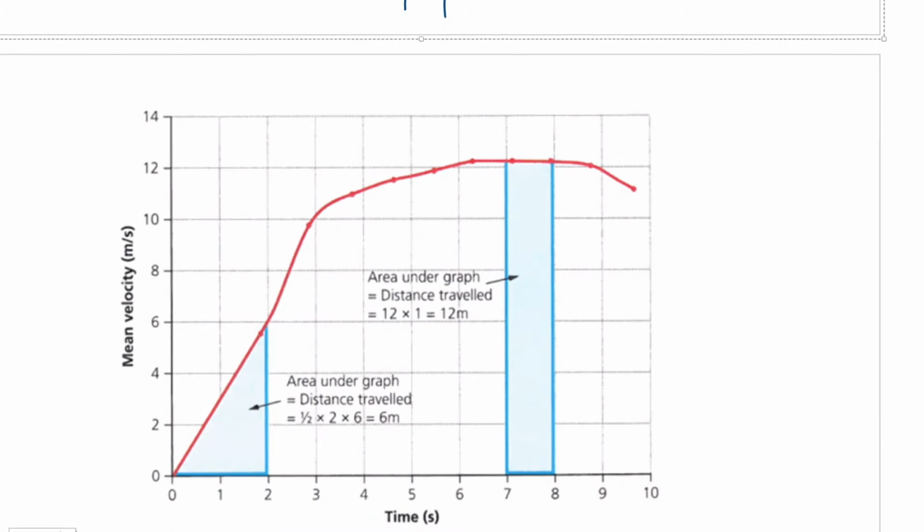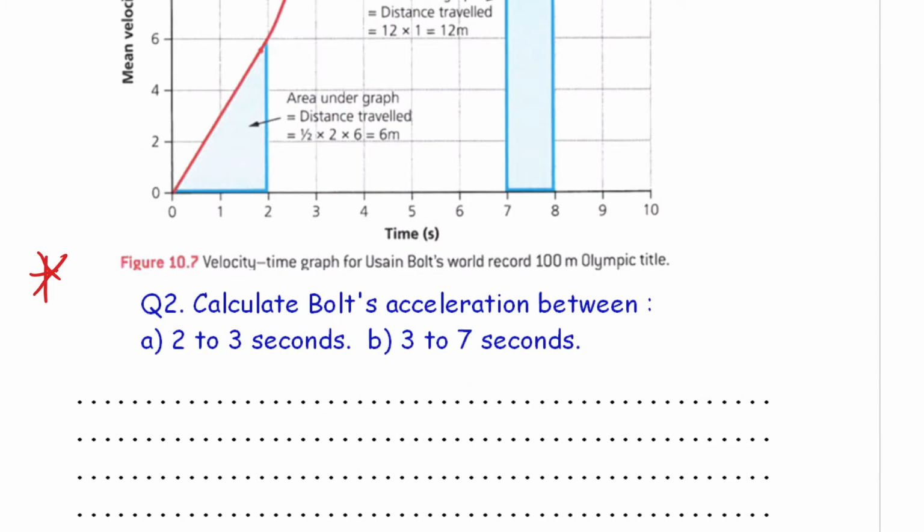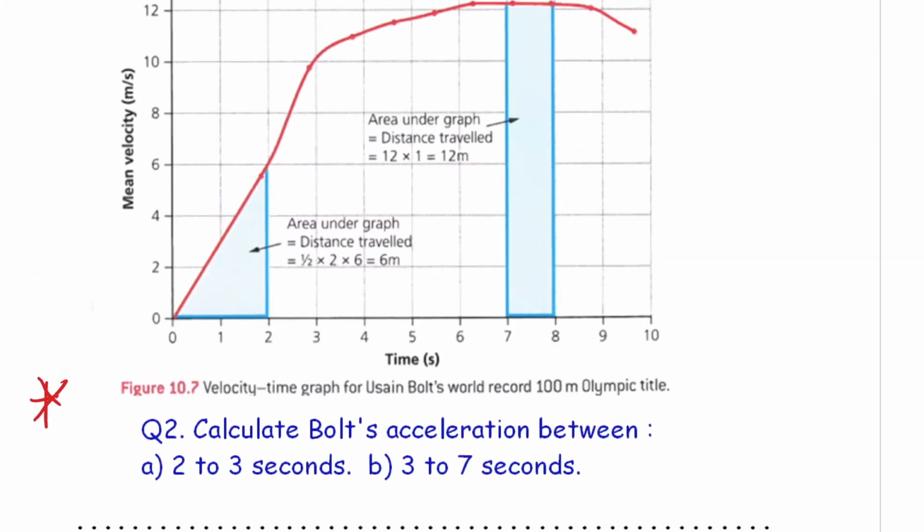You see the same graph here again, and there's a couple of questions that you need to do. First one, calculate the acceleration between 2 and 3 seconds.